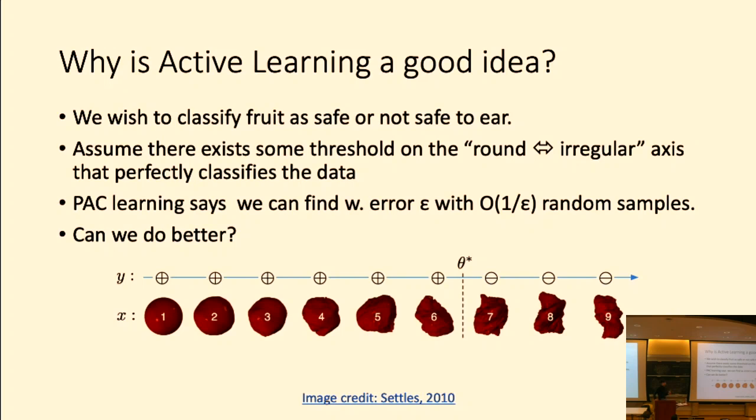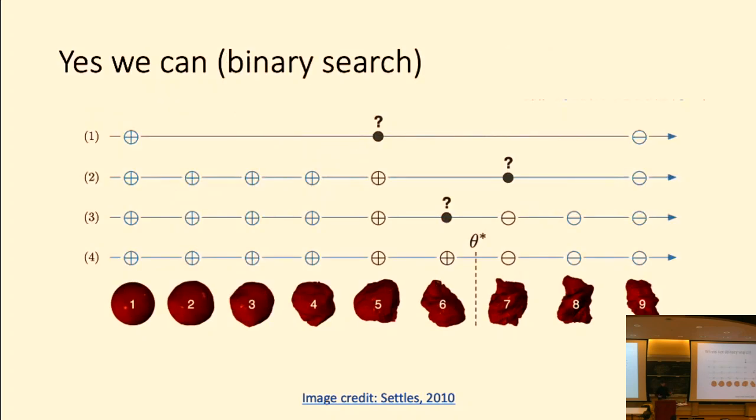PAC learning says we could do it with roughly 1 over epsilon samples, and the question is, can we do better? And the answer is yes, we can get an exponential gain if we just perform binary search. So you say, oh, okay, active learning is great. I have the kind of improvement in sample complexity that one can normally only dream of.